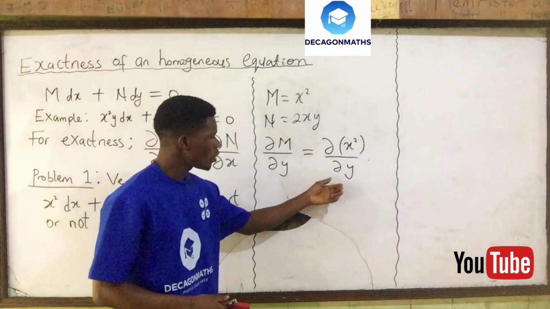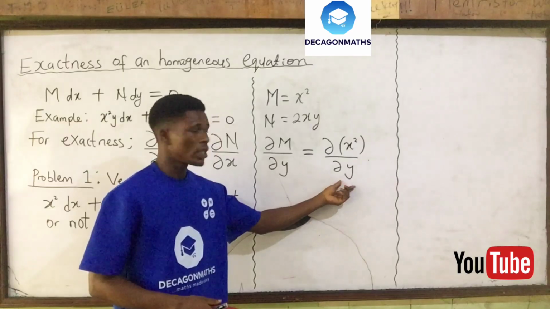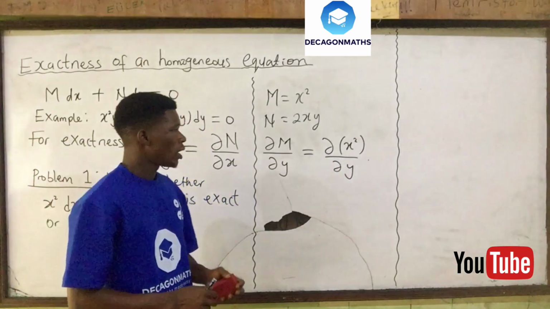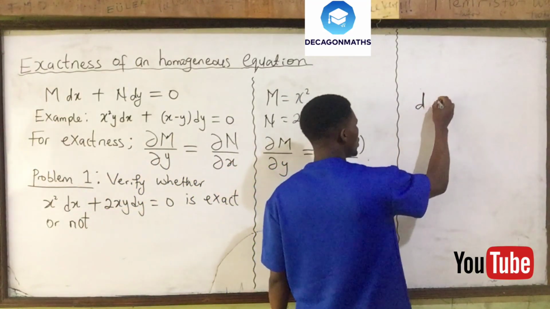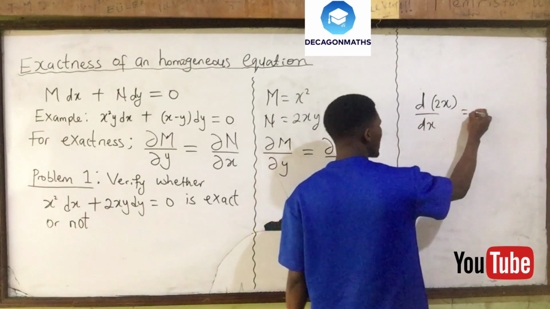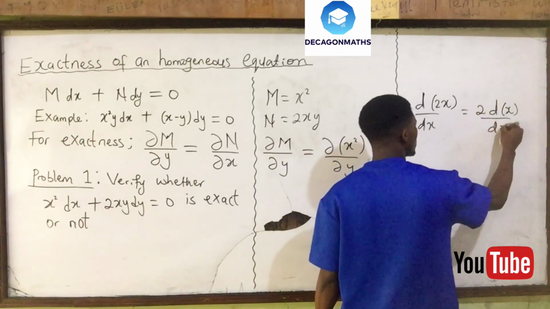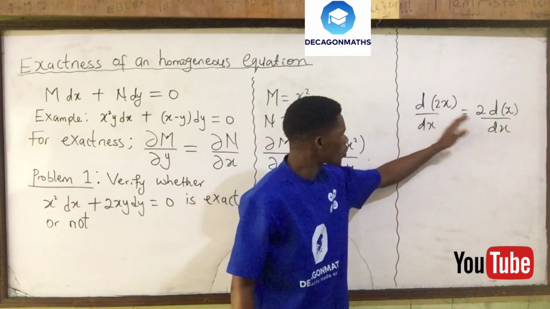This implies that when we are finding the partial derivative with respect to y, x will be taken as a constant. For example, if we want to differentiate 2x with respect to x, you can also write it as 2 times the derivative of x with respect to x, because 2 is a constant, so we can bring it out.